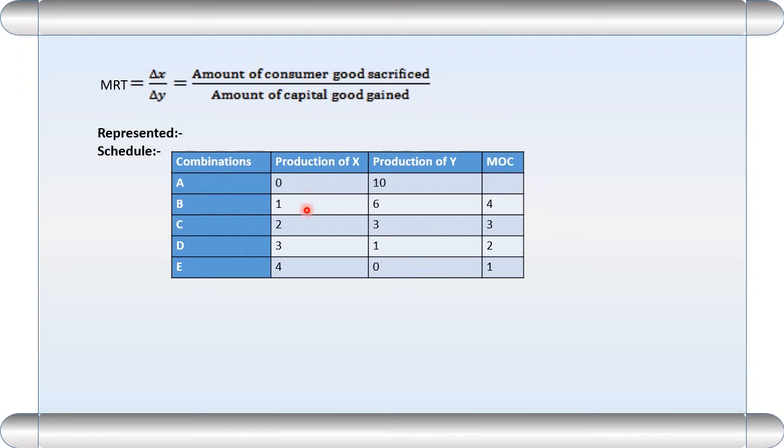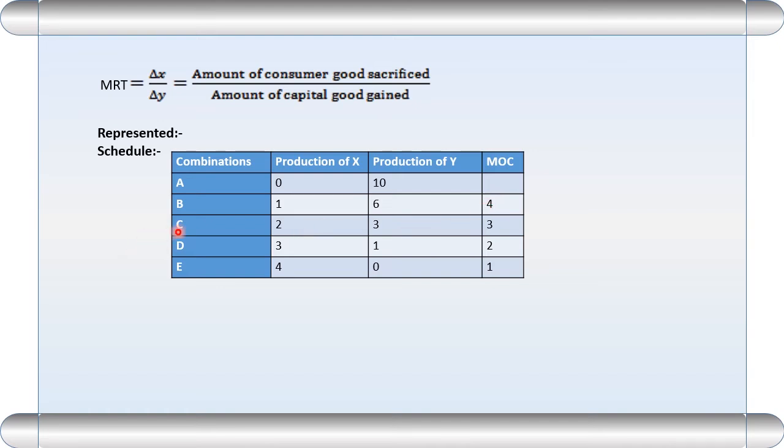In order to increase the production of X, what have we done? There is a fall in the production of Y. How much? That is 4, 10 minus 6 is 4. And how much has the production of X increased? We can see 0, 1. It means 1 minus 0, 1. So according to the formula, loss upon gain is MOC. Loss is 4 units and the gain is 1 unit. So 4 upon 1, marginal opportunity cost is 4.